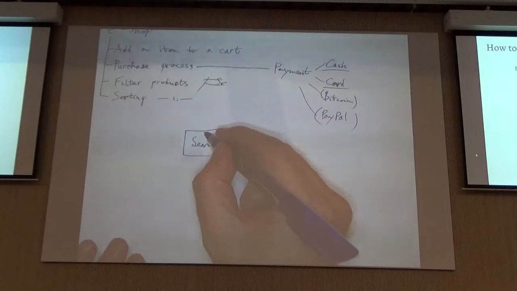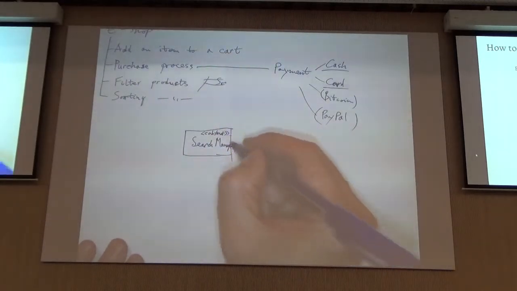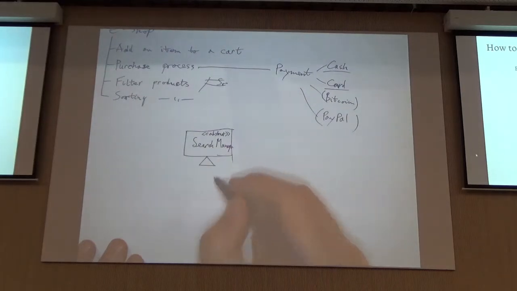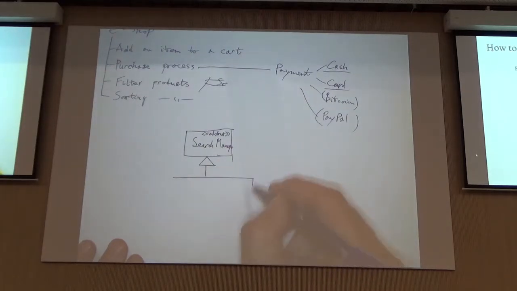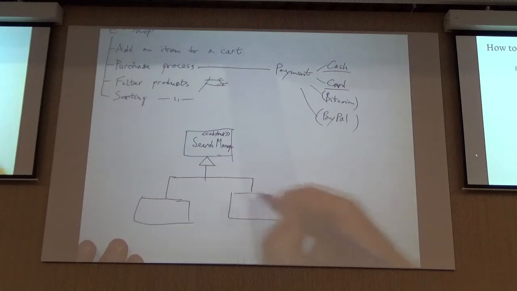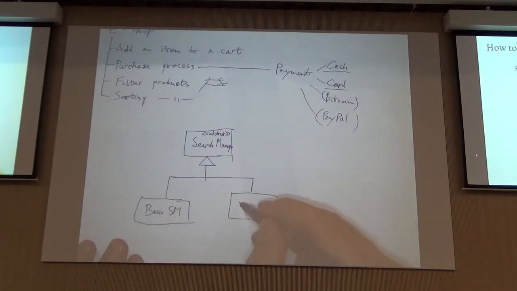It will be abstract. There's a general idea of it, but it doesn't say much about how exactly searching is done. So you can do this by deriving specific ways of searching. So here's the basic one, I would say like this, SM, short for search manager, and advanced search manager.